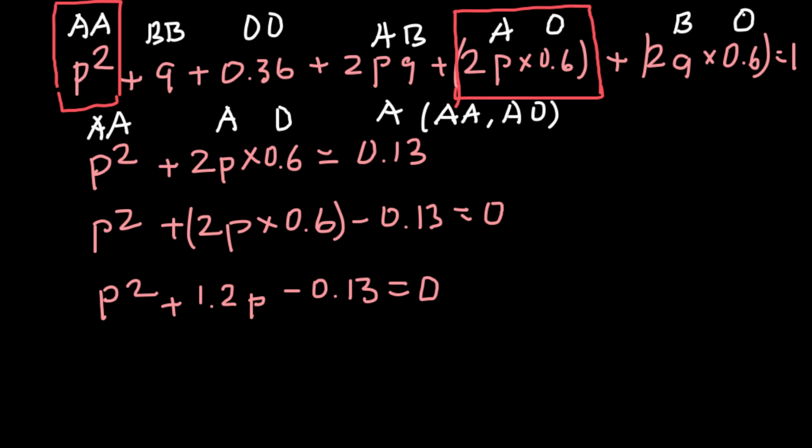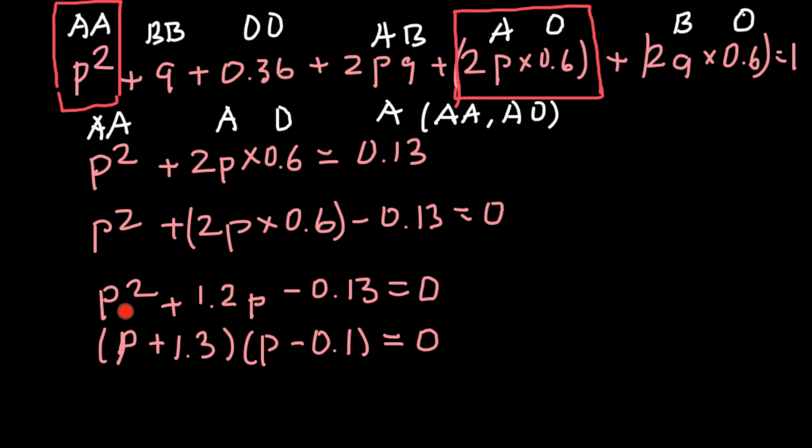So if we rearrange this as two parentheses, we are going to get (p plus 1.3) multiplied by another parenthesis (p minus 0.1), and all this equals 0. So basically this formula is the same as what we have here. If we multiply all these numbers, we are going to get the same as what we have on the top.